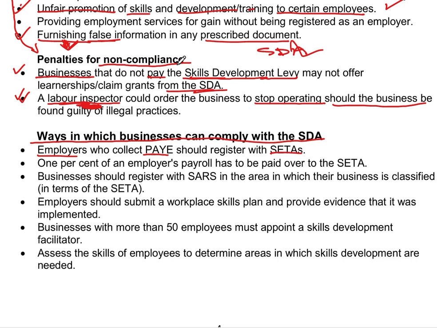So skills planning, they issue accreditation, meaning they assess and accredit training providers and courses. When I say skills planning, they develop and implement a skills plan for their specific sectors. Funding, meaning they manage funding to support training. So now they are saying that employers who collect PAYE, so this is a form of tax, should register with SETA.